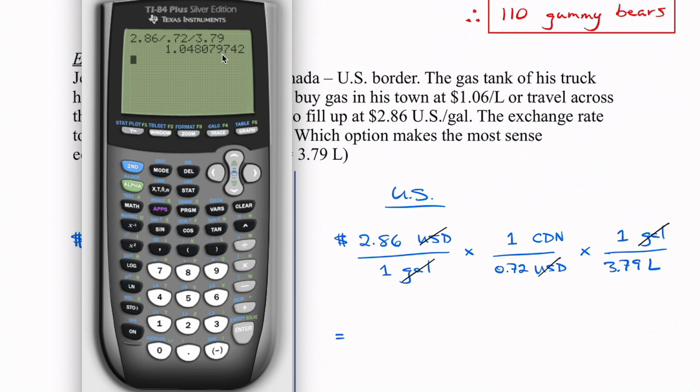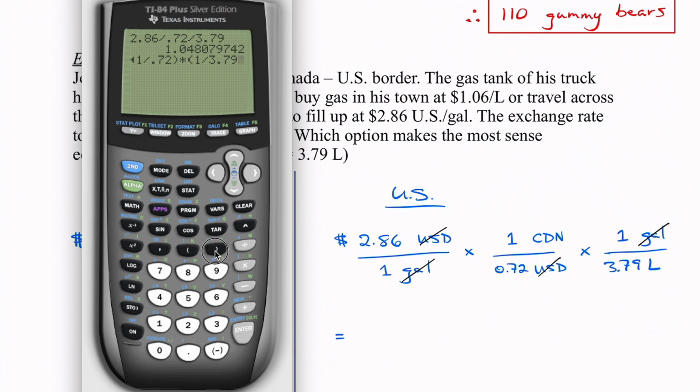So I get that right there. If you weren't sure whether typing it in like that would be correct, you could also put in 2.86, then times, and then brackets 1 over 0.72, close the brackets. That piece right here is this piece right here. Then go times, and make another piece, 1 divided by 3.79.